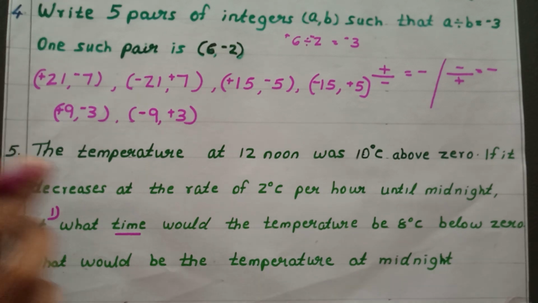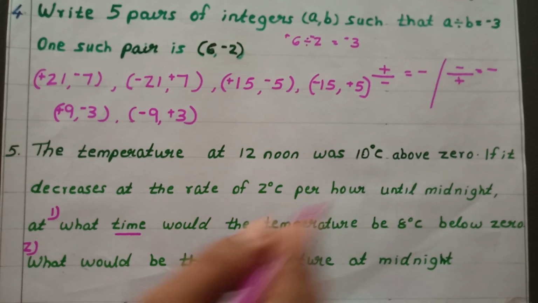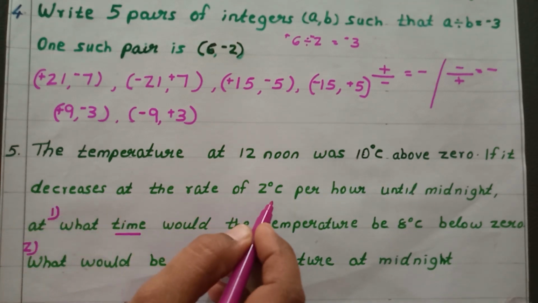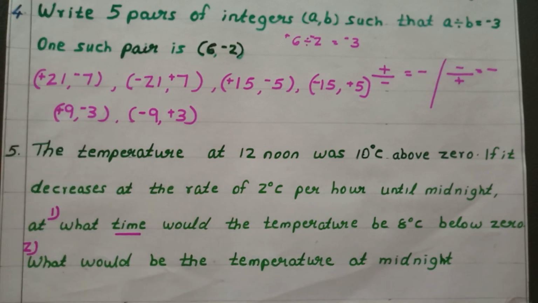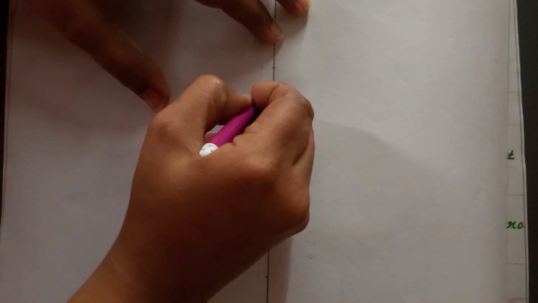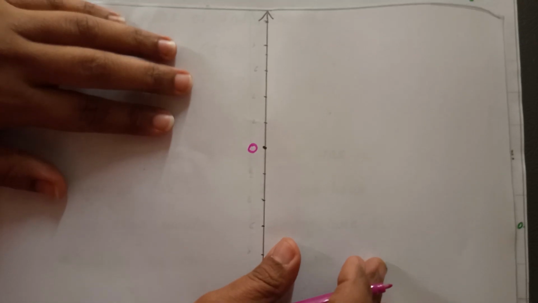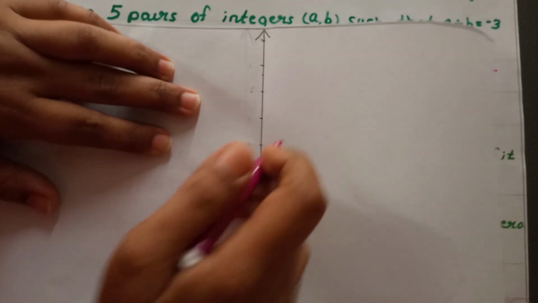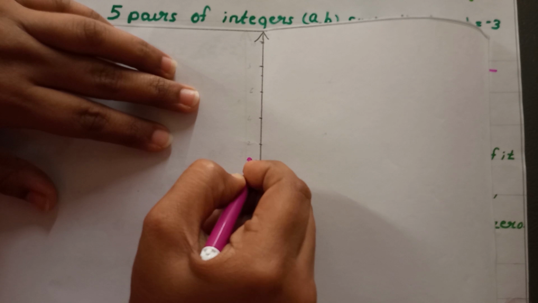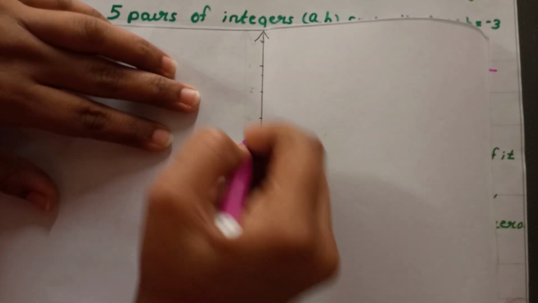The temperature at 12 noon was 10 degrees Celsius above 0. If it decreases at a rate of 2 degrees Celsius per hour until midnight. See, at this point the temperature is 0 degrees Celsius, and this is 2 degrees Celsius.